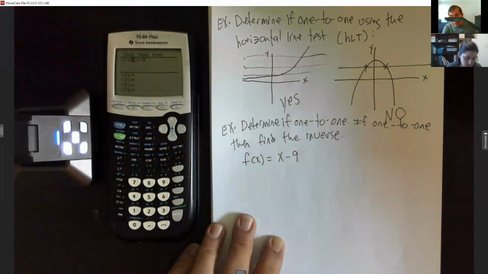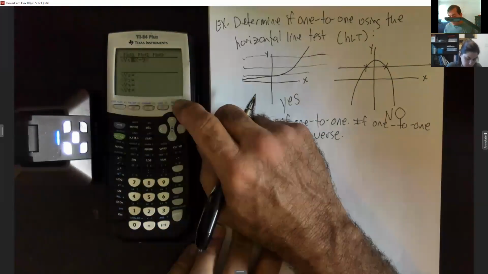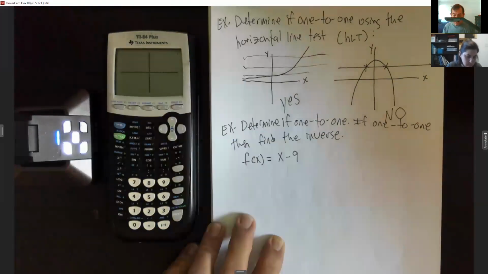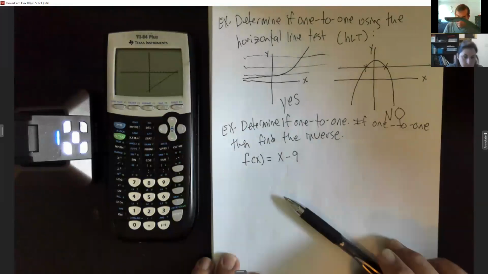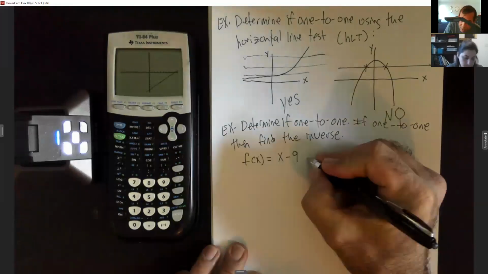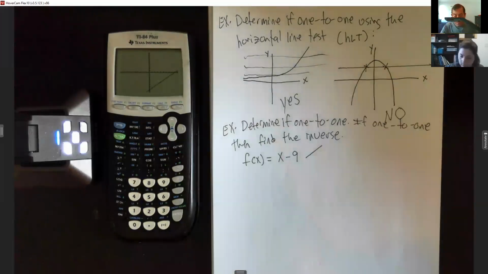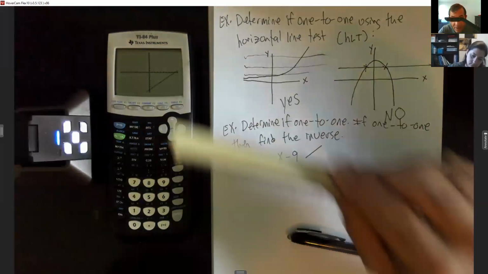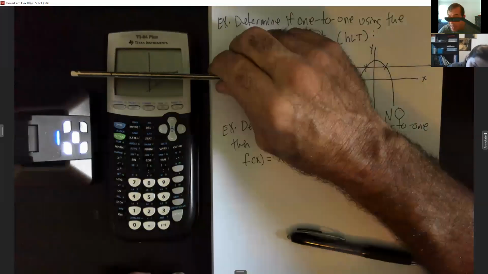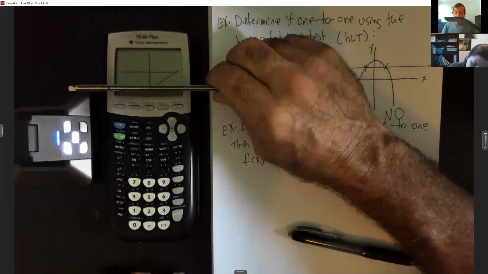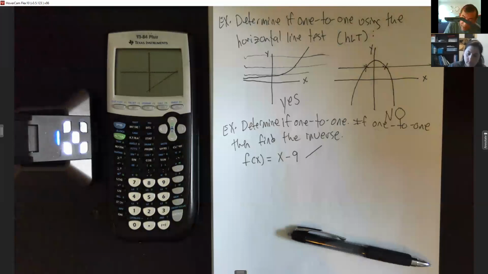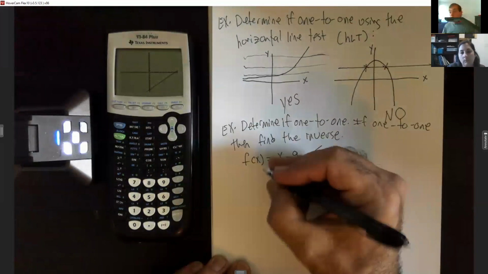So I'm going to hit the graph button. And if y'all notice, it looks like a little straight line going uphill left to right. Which if you run your line down that, you can see it only intersects it once everywhere on that line. So this is definitely, yes, 1 to 1.